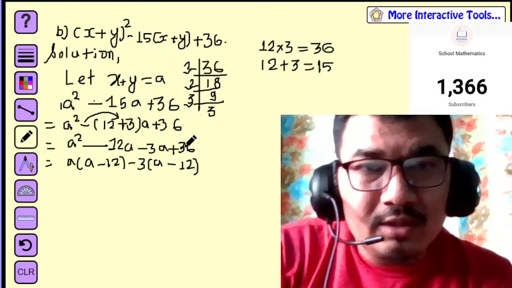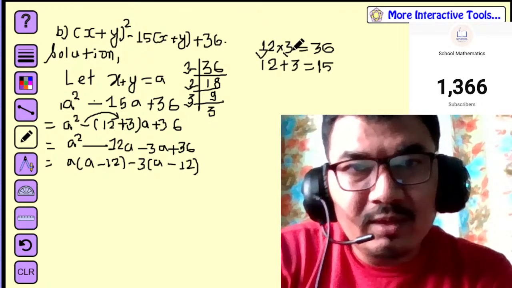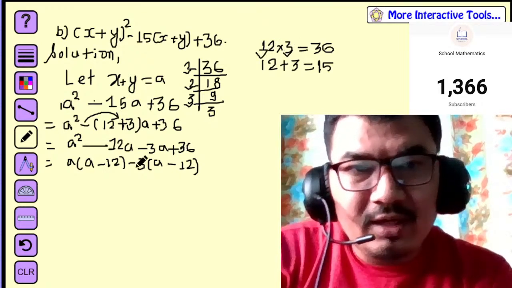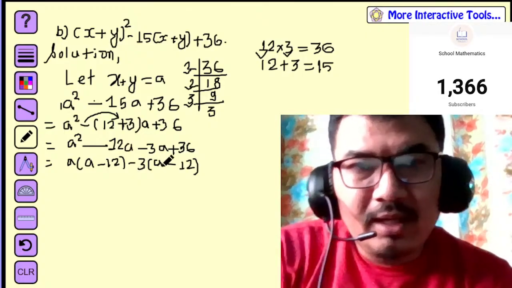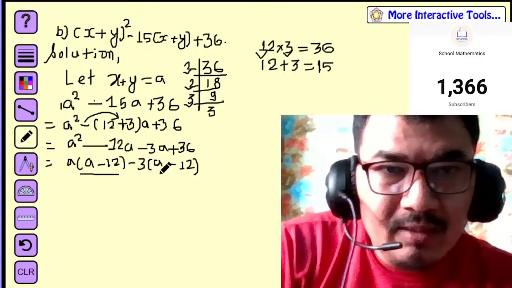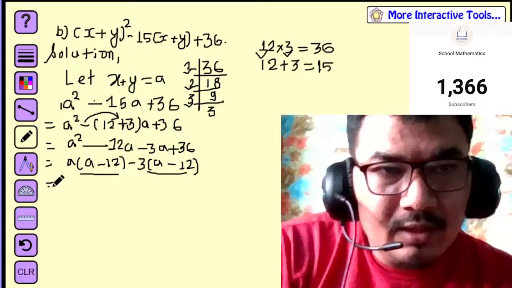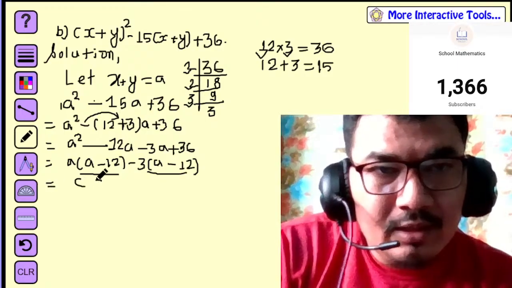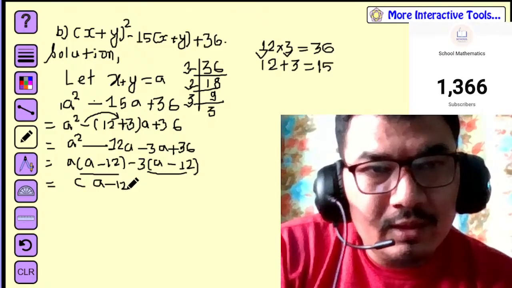Because in this 36 we have already written one factor is 12 and the other factor is 3. Minus into minus is plus, so one minus we have taken common and one minus remains. Here is also a minus 12, here is also a minus 12, which we can take common. So we get a minus 12.